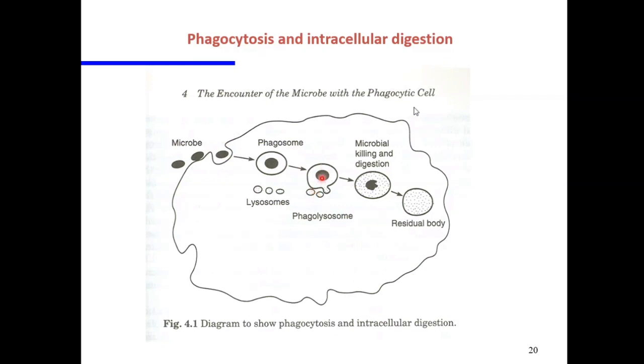Once it has merged with the lysosome, the microorganism inside will be killed and digested. So this is the normal way phagocytes kill or neutralize the microorganism.